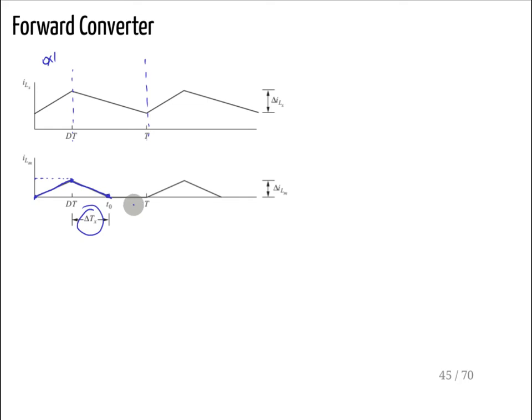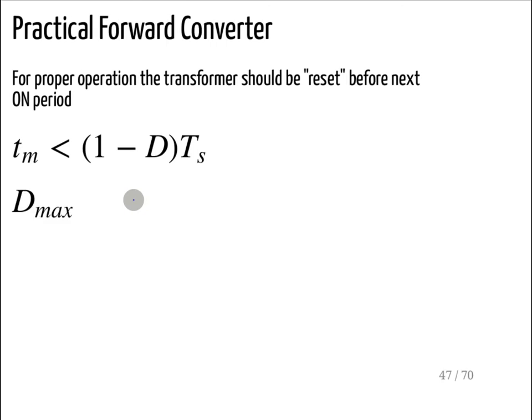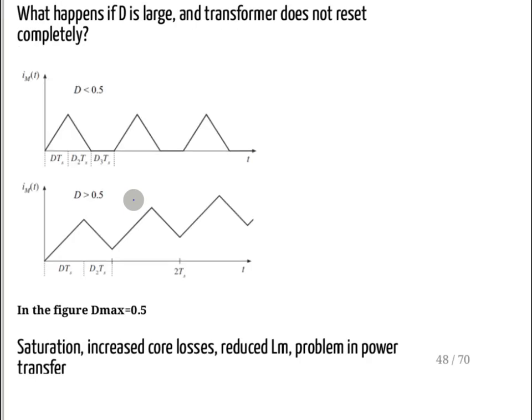And you can ask, why does it have to discharge before the next cycle? I'm skipping a couple of slides, but what happens if you have either a larger duty cycle or more current? We will come back to that figure.